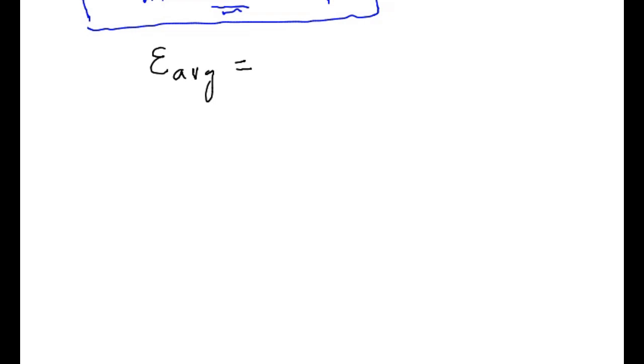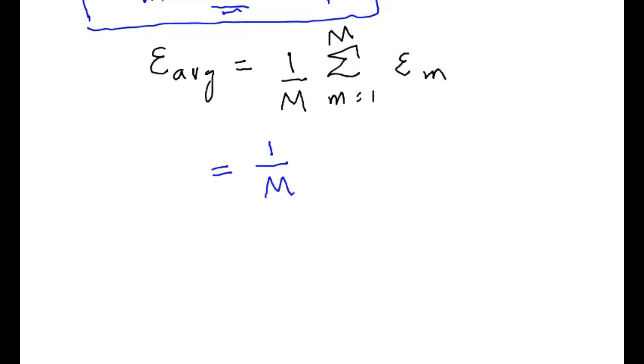So if I want to find the average energy, I would like to sum this E_m from m equals 1 to capital M, and I would like to divide it by capital M, right? So this is the sum of the energies. Now substitute these values and you will get the expression for the sum.